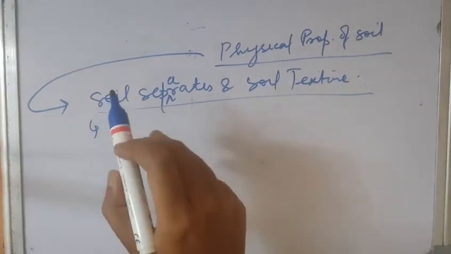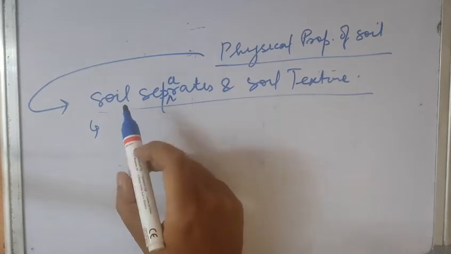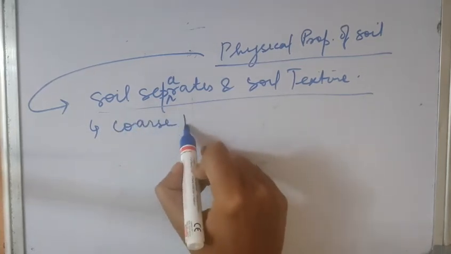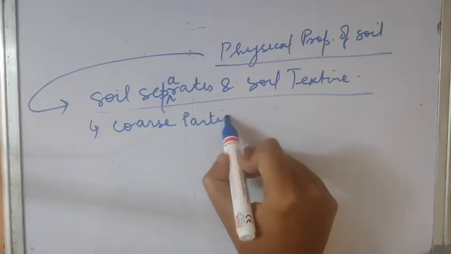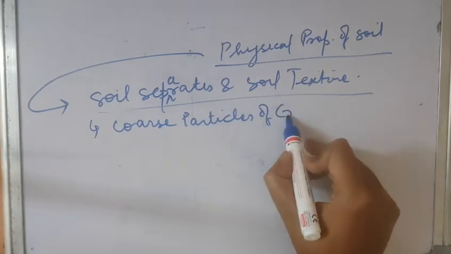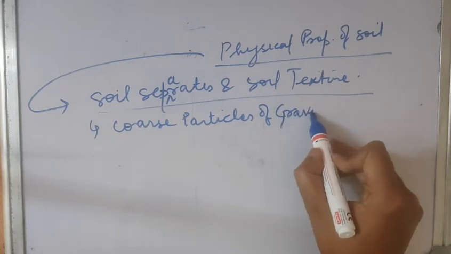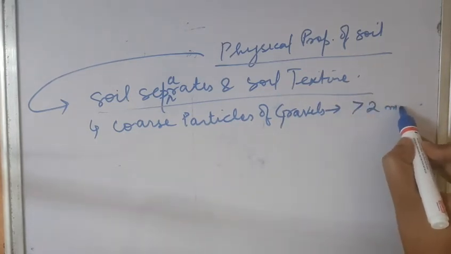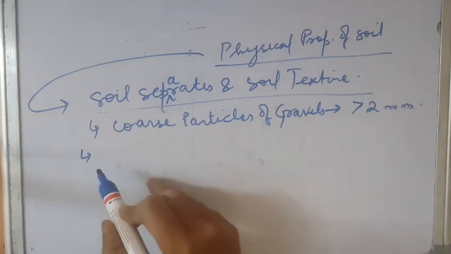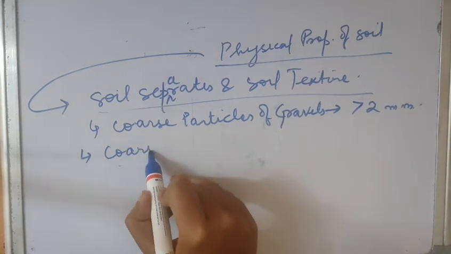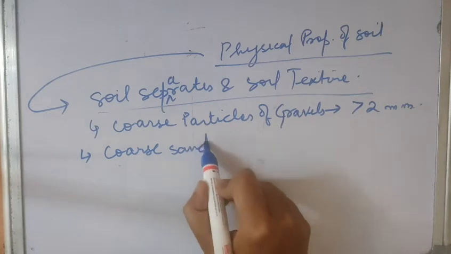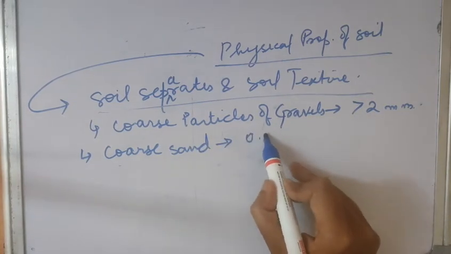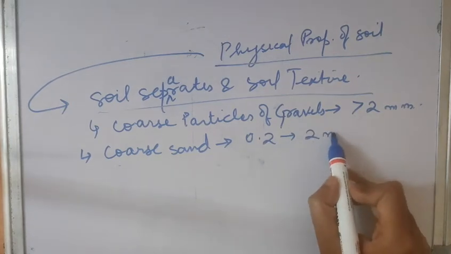The first class is coarse particles or gravels. Its size is more than 2 mm. Then we have coarse sands, that is 0.2 to 2 mm.